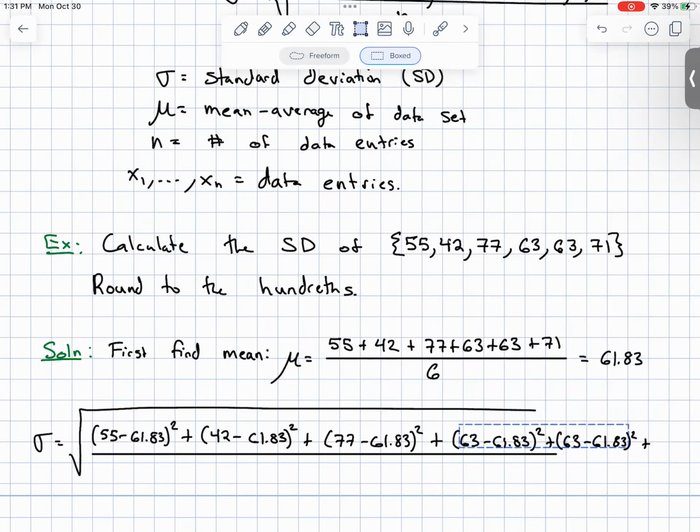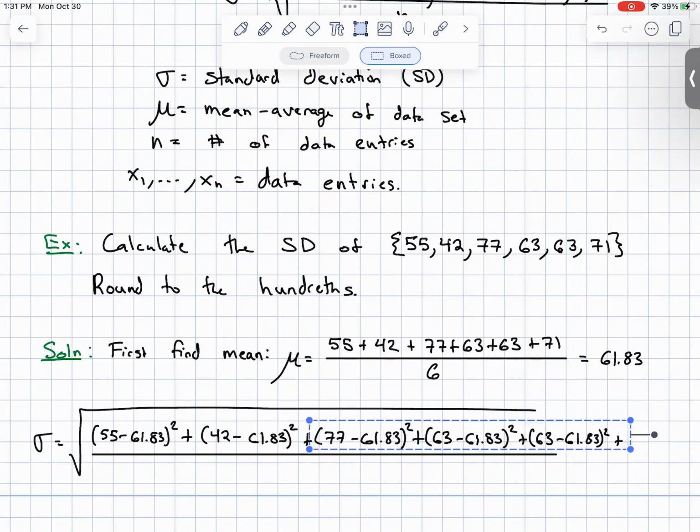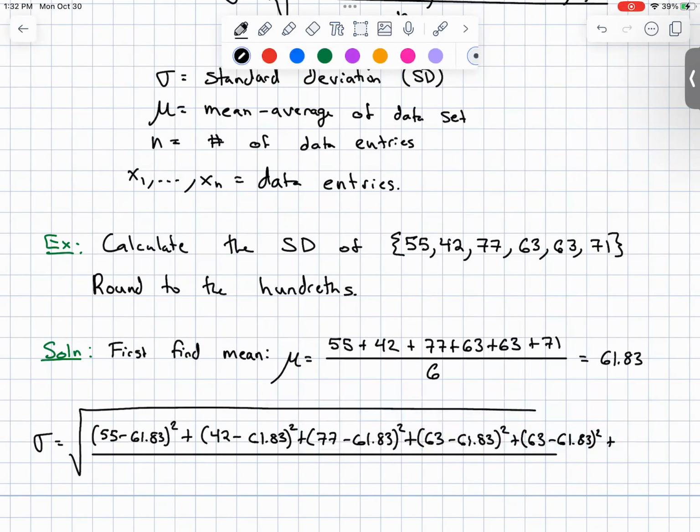I suspected as much. Scrunch them back more. Sorry, guys. That should give me enough room. There we go. And then last one, plus 71 minus 61.83 squared, and then the end of the square root, and then all divided by 6.